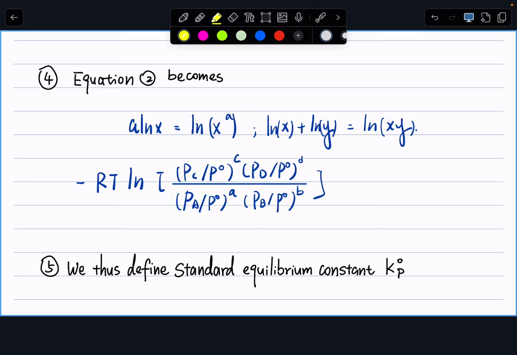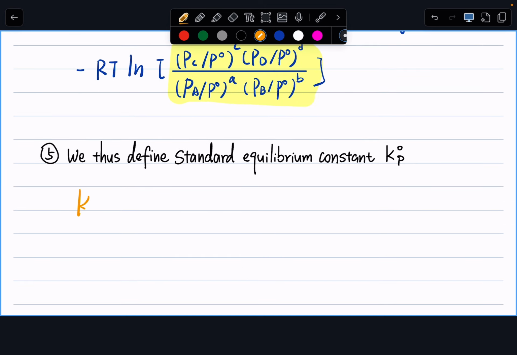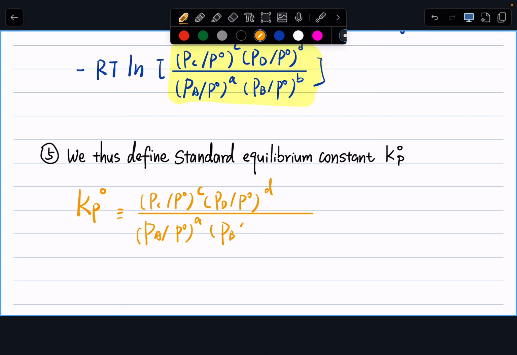And here, we define our equilibrium constant based on what's inside here. So our equilibrium constant, Kp naught, is defined as this whole thing. I'm just going to write it again with you. Right, and keep in mind, what is our reaction?